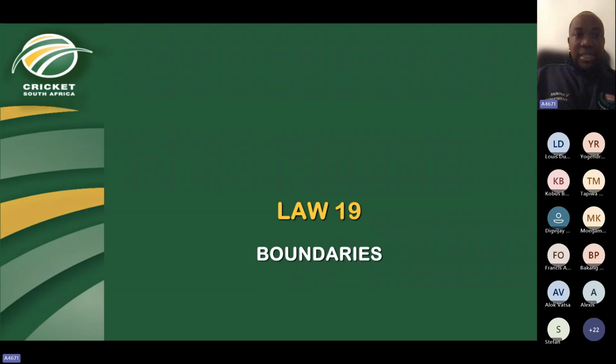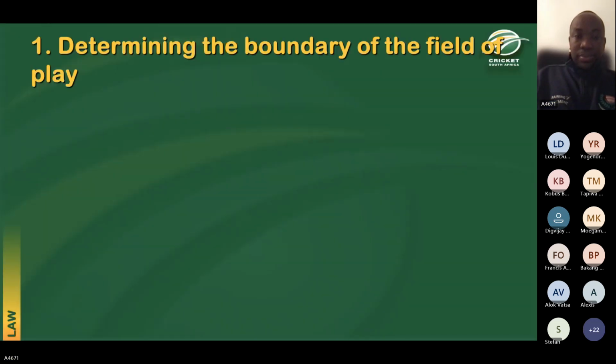That is Law 18, scoring runs. We now move on to one of the ways that a batter can score runs, which is through boundaries. Let us first determine the boundary of the field of play.